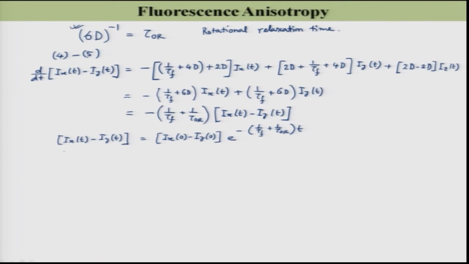From 4 and 6 I will get this type of equation after doing all these steps. Ix(t) minus Iz(t) will be equal to Ix(0) minus Iz(0) times e to the power minus 1 over tau f plus 1 over tau r, times t. So, from here I got Iy(t), this one I will know, from here this one I know.